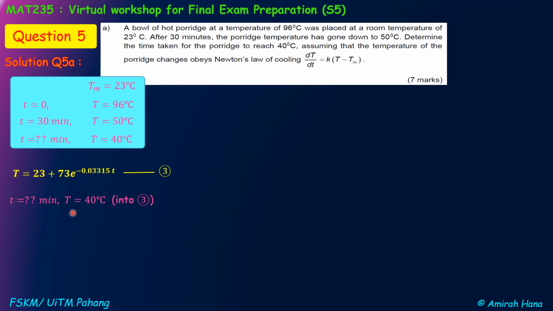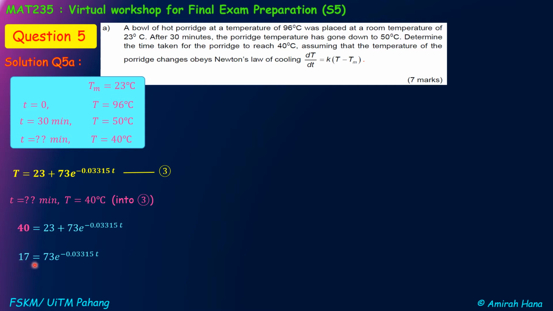We substitute temperature equals 40 degrees Celsius into equation 3. So we have 40 equals 23 plus 73 e to the power of negative 0.03315 t. And then 40 minus 23 equals 17.